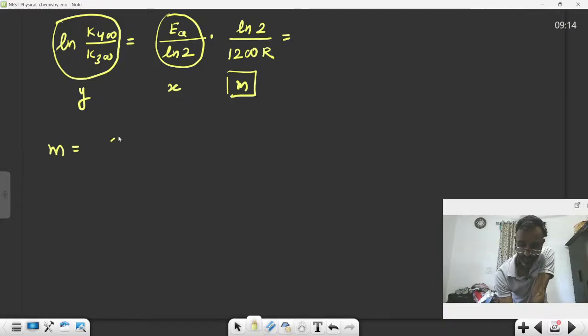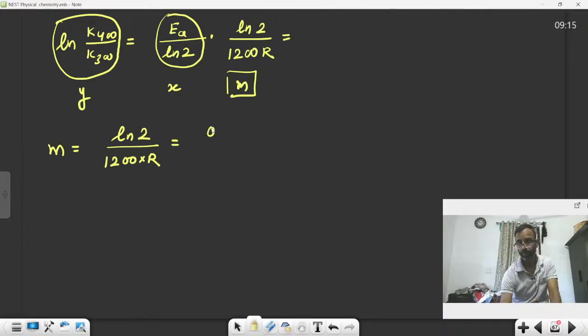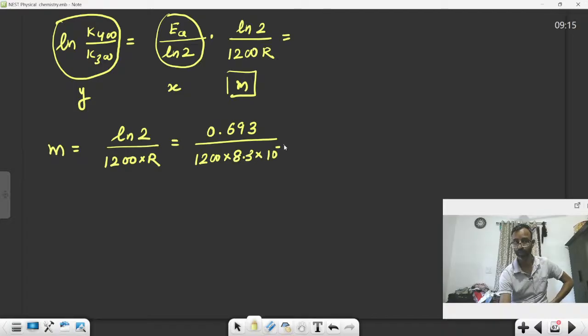So M is equal to natural log of 2 divided by 1200 into R. So natural log of 2, you know, it is 0.693 divided by 1200 into 8.314 into 10 raised to minus 3.